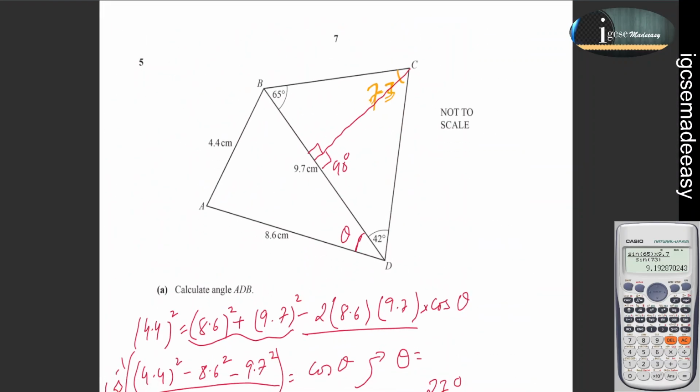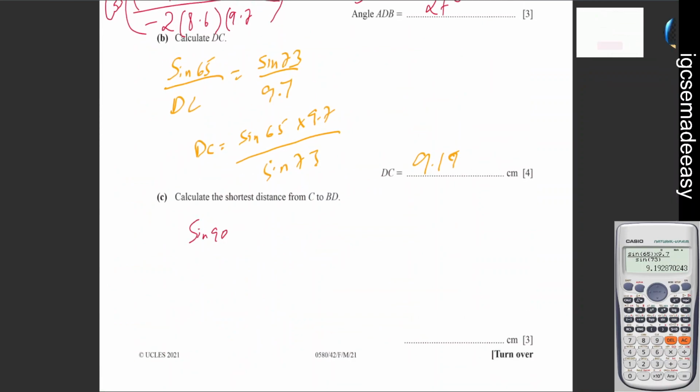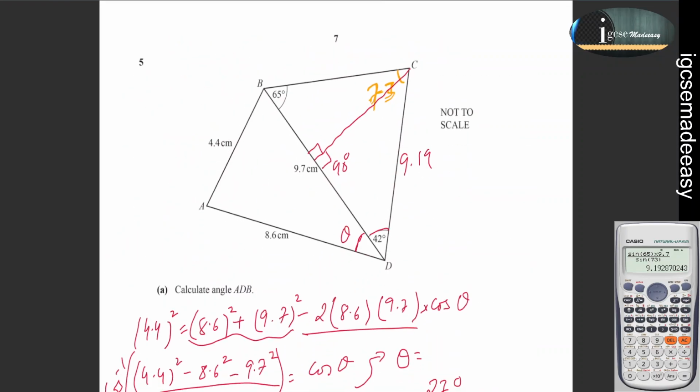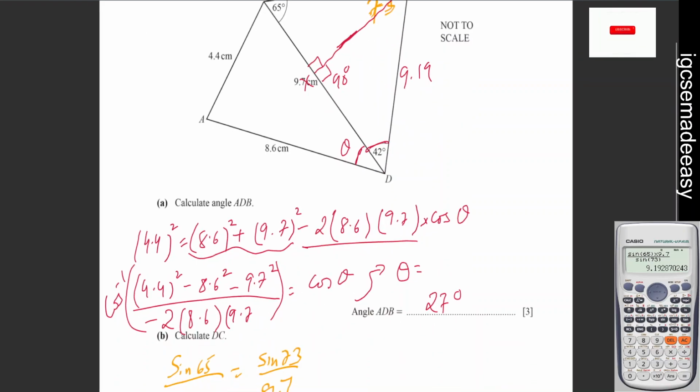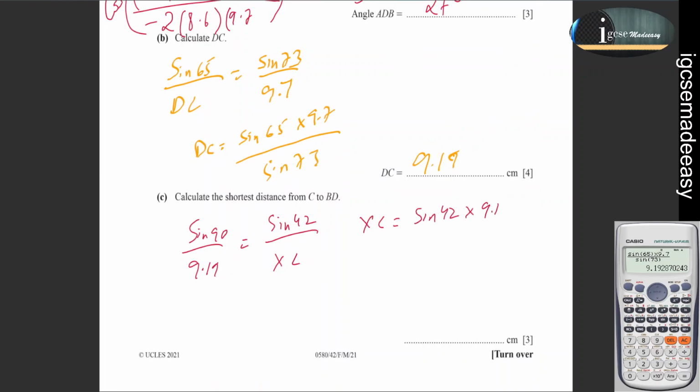Sine 90 divided by BD, which is already known, 9.19, will be equal to sine of the angle opposite to this unknown side, let's say this is XC. So sine of 42 by XC. So XC will be equal to sine of 42 times 9.19 divided by sine 90.